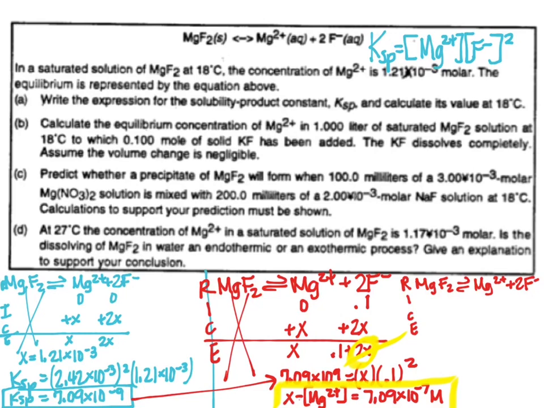So initially, we have 100 mL of magnesium times 0.003, and that's going to be equal to M times 300. So my molarity is going to be 0.001 for my magnesium.